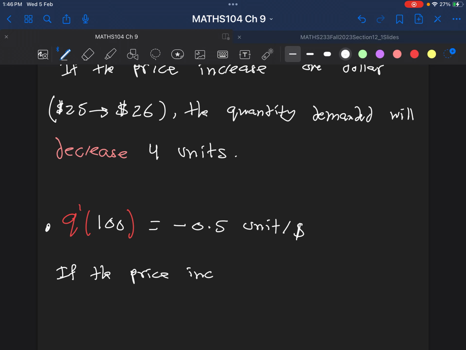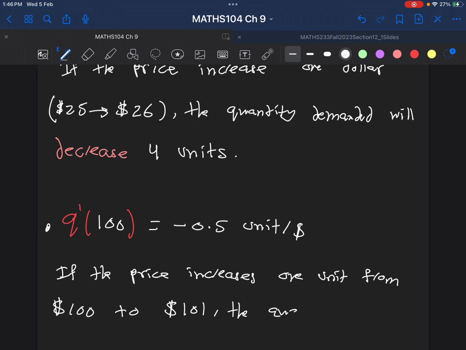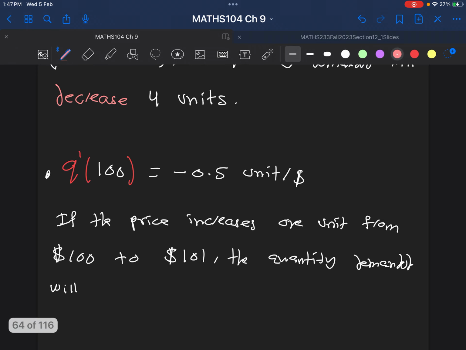It means if the price increases 1 unit from $100 to $101, the quantity demanded by the people will decrease by half a unit. Which again, is something you could expect and something that makes sense.